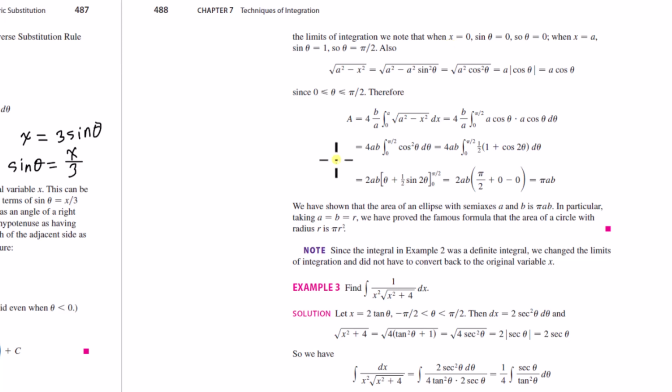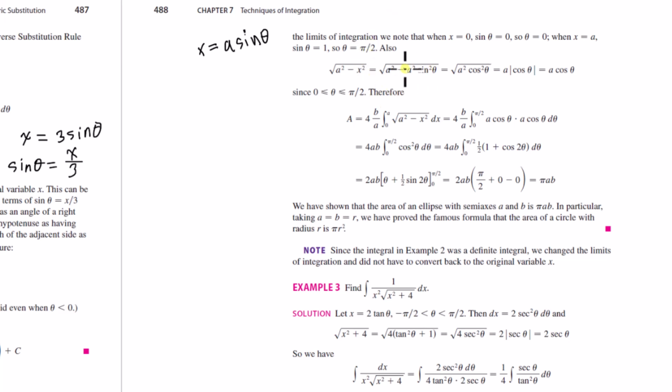We said that x is equal to a sine theta, and you say when x is equal to 0, what is theta equal to? You have to solve for theta. Okay, then when x is equal to a, sine theta must be equal to 1. So theta must be pi over 2.